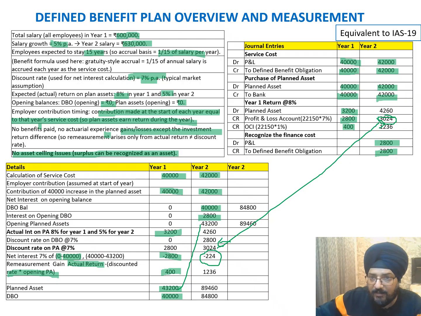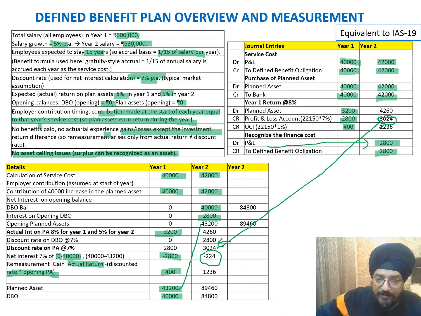So if you subtract the 2,800 from the 3,024 credit, it will equal 224, which is the credit to my P&L. As I mentioned, this is the difference that will be credited to my P&L. The total interest credited is 3,024. Out of that, the P&L will be charged with 2,800. This is on account of my DBO. Then the net benefit to my P&L will be 224.